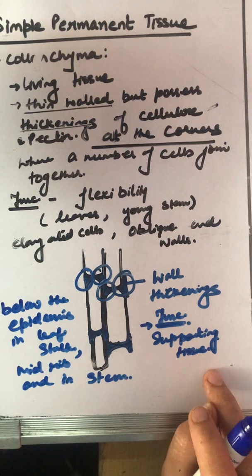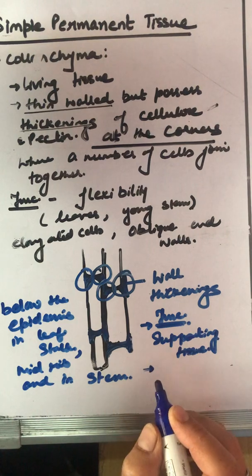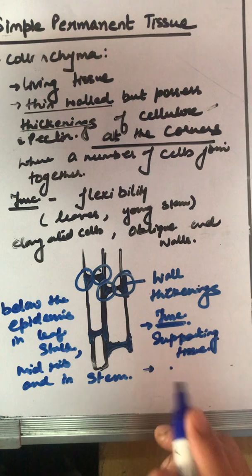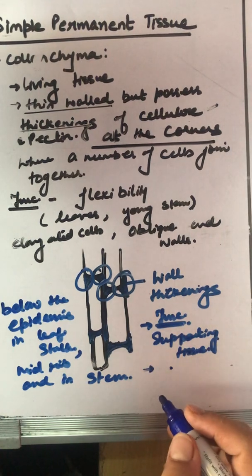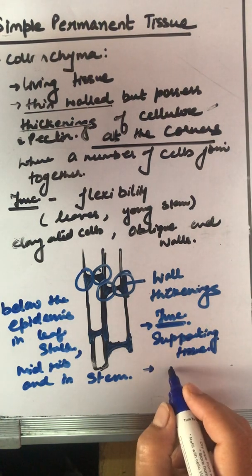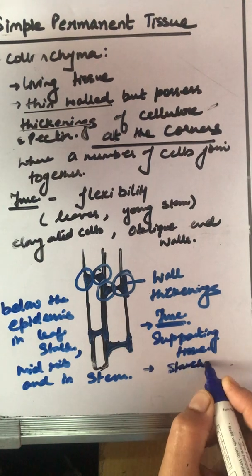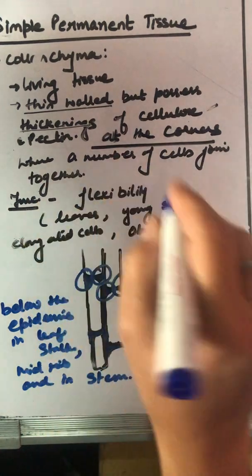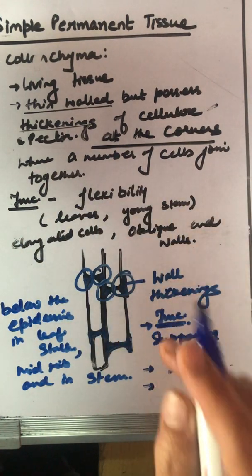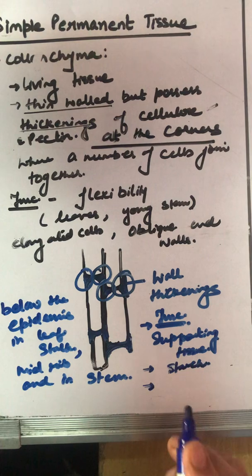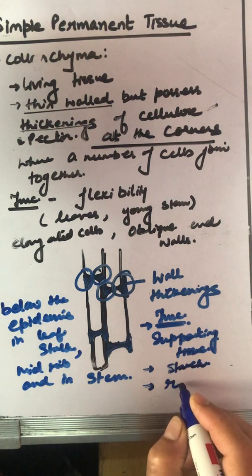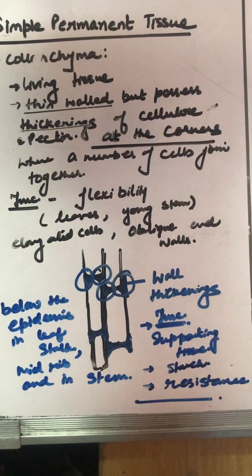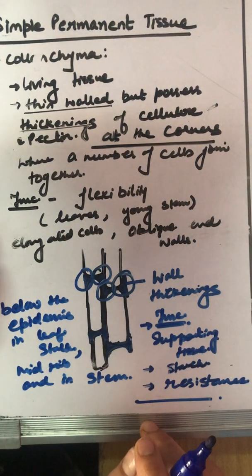Then it also helps in storage because it has a thin wall and a large cytoplasm with a vacuole. It may store starch. Third, this Sclerenchyma is present at the corners, no? So it is also providing resistance to the plant. This is all about Sclerenchyma.